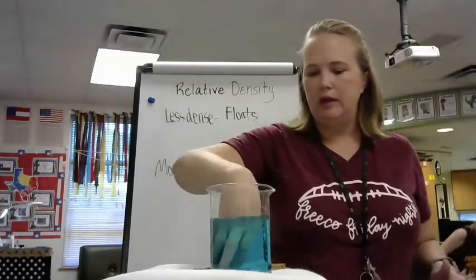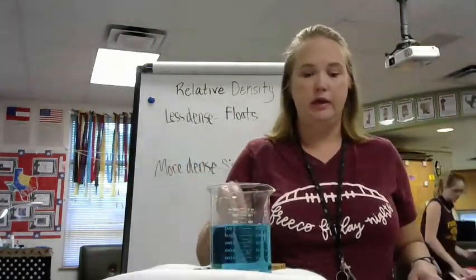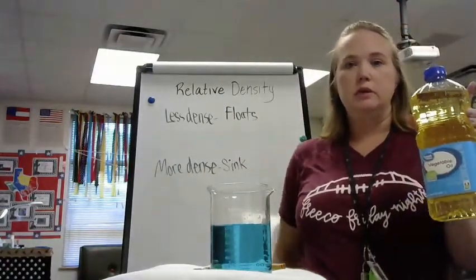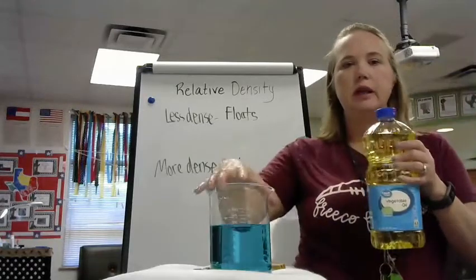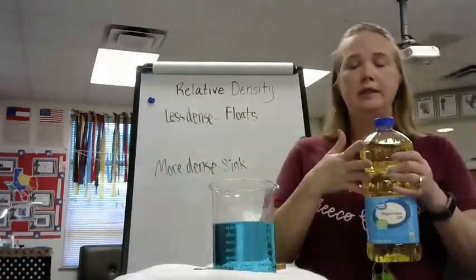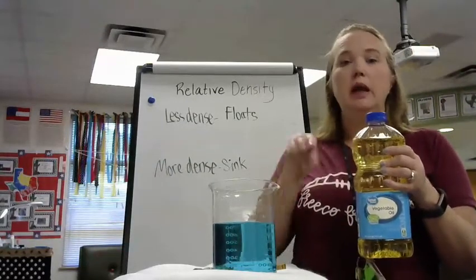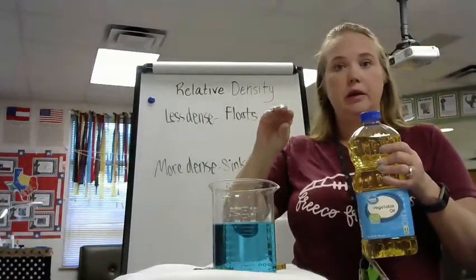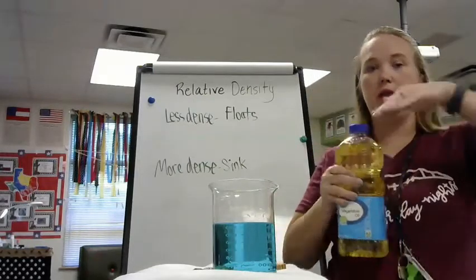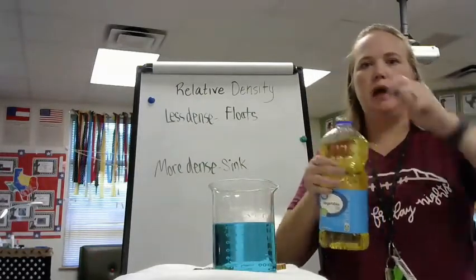Now, the one other thing that I want to try out, and I think it's really fun, is some oil. So liquids, different liquids will have different densities. Depending on the density of the liquid, it would either stay on top of the water, or it would sink to the bottom below the water, and make the water rise up. So we're going to see what happens with vegetable oil.